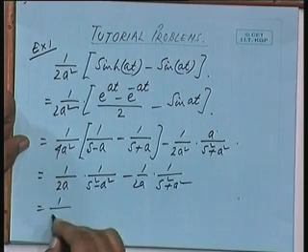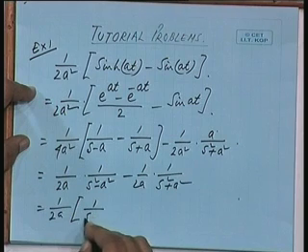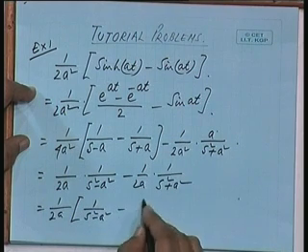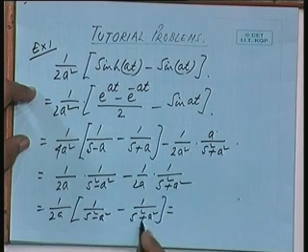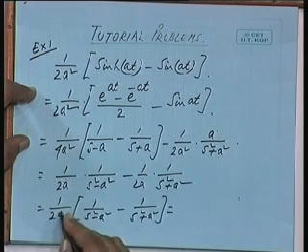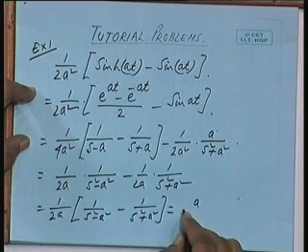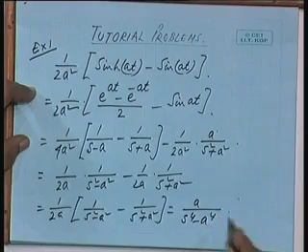So 1 by 2a I can take out, it will become 1 by s squared minus a squared minus 1 by s squared plus a squared, and that gives me s squared plus a squared minus s squared plus a squared. So twice a squared, so twice a will go, so a by s to the power 4 minus a to the power 4, okay.